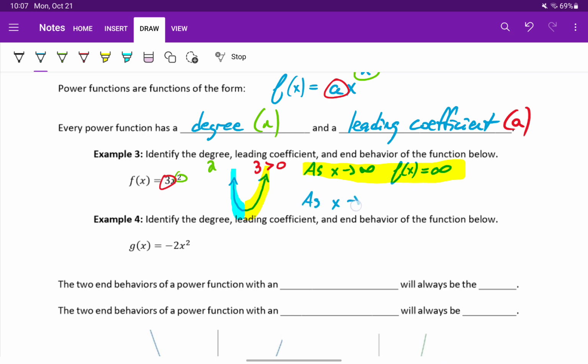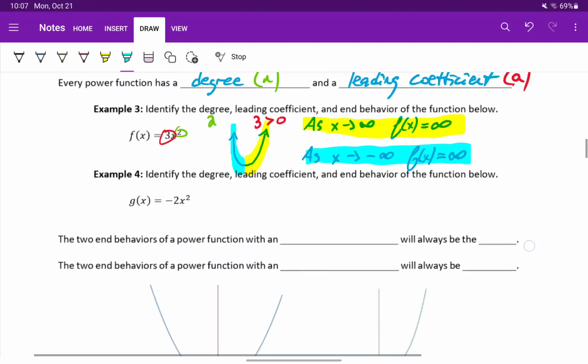And as x is approaching negative infinity, our function value is still approaching positive infinity. Again, we're getting that just by reading the graph and interpreting some things that we've already discussed. That we're dealing with a quadratic function, and we can use that value for a to determine which way the curve opens.